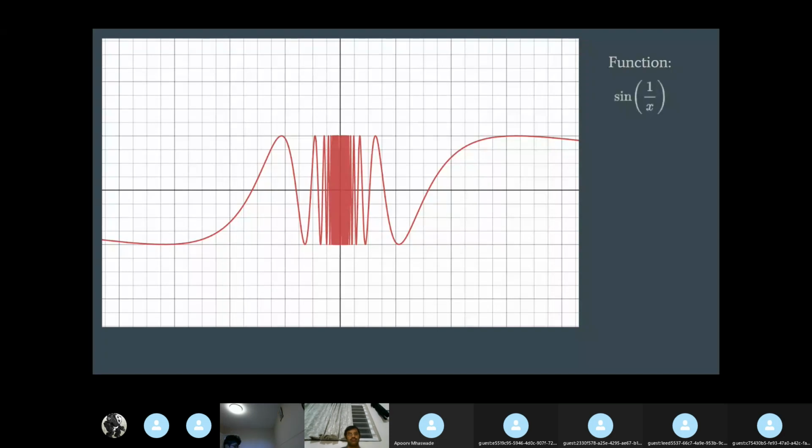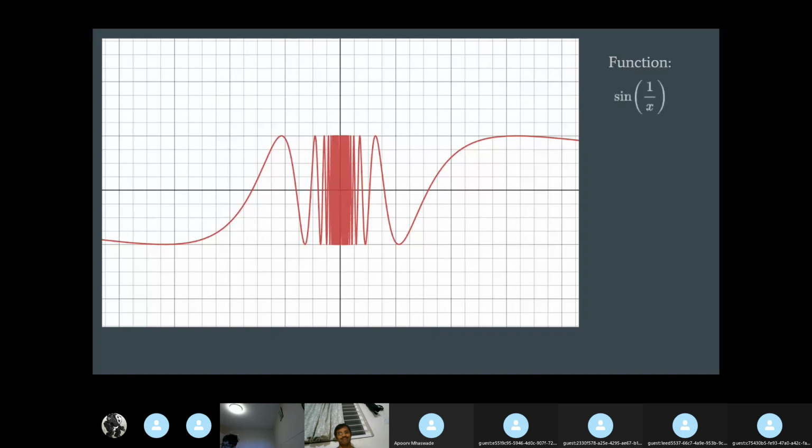Suppose we don't know the exact value. Can we even tell what value sine x approaches as x grows arbitrarily large? We can't say that either.